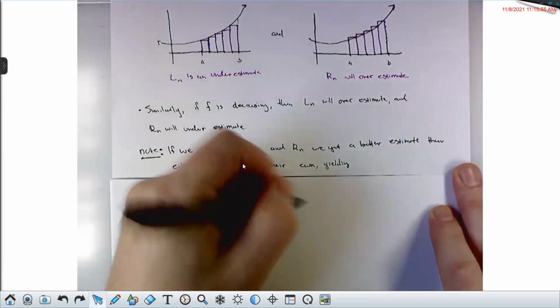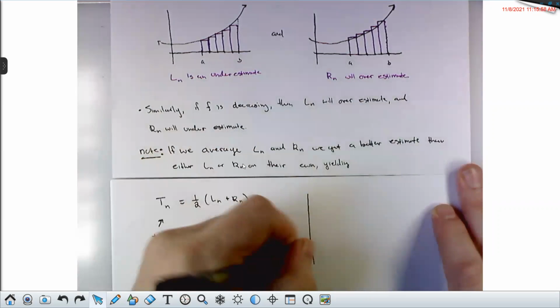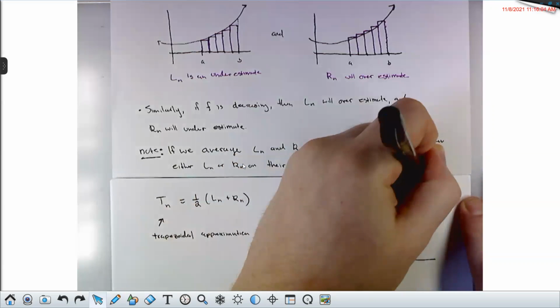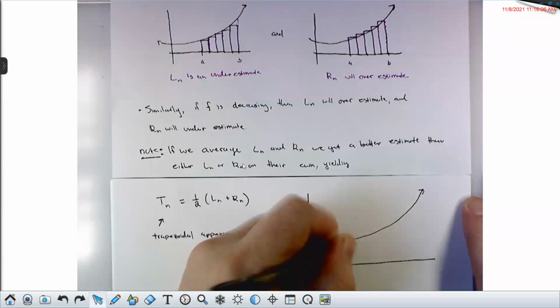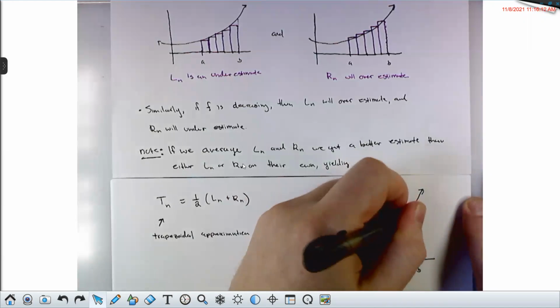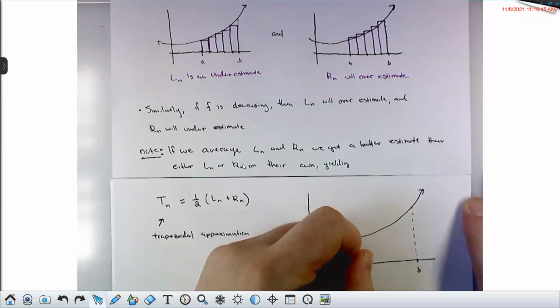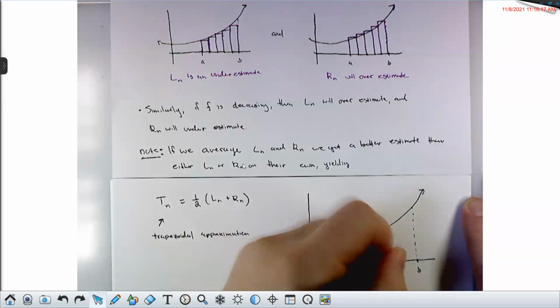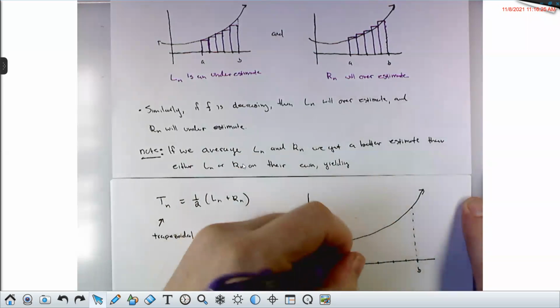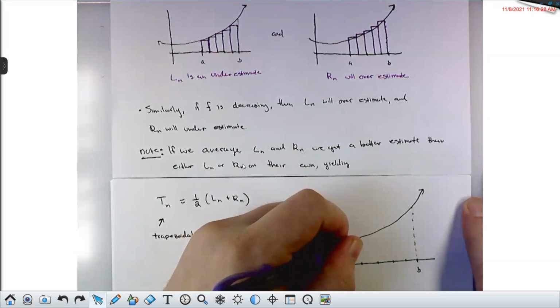And I'll draw the picture here that goes with that. Try to draw this nice and big because we need plenty of space to see what's going on. And let me say like 1, 2, something like that. What we would be looking at here then is, I think, kind of what we intuitively want when we talk about combining or taking differences of Ln and Rn.